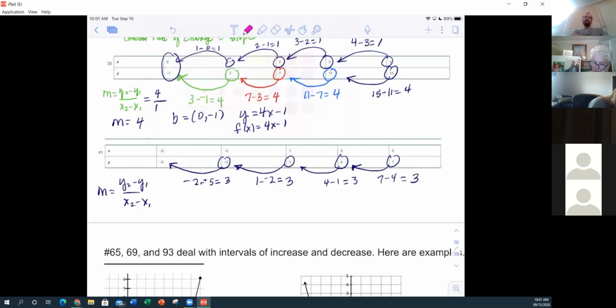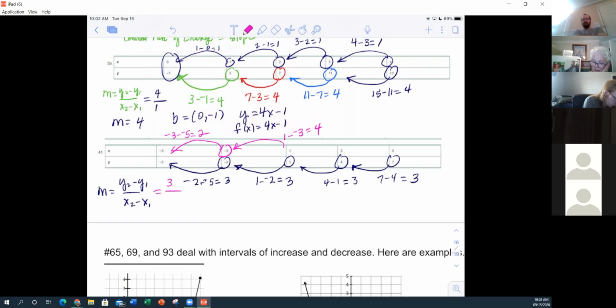The y's are 3. Now let's check the x's. What is -3 minus -5? 2. And what is 1 minus -3? 4. So stop right there, guys, right?